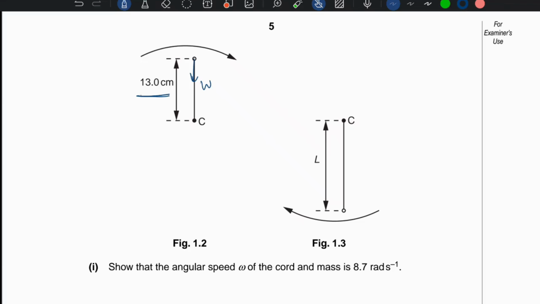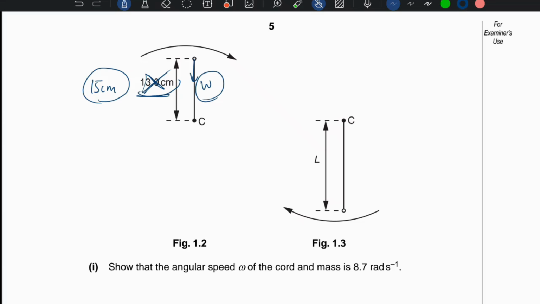There's only weight. And since it's moving in a vertical circle, we know there is something called centripetal force. However, it's also important to note that centripetal force is a resultant force. So it's a result of a force. So in this case, centripetal force is equal to your weight only, because the only force here is our weight. If let's say it is not 13 centimeter here, perhaps it's 15 centimeter for instance, therefore you will have your tension because you have an extension.